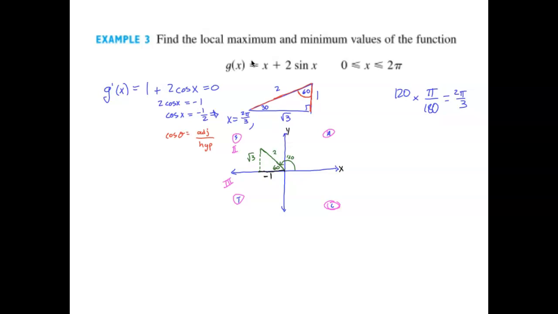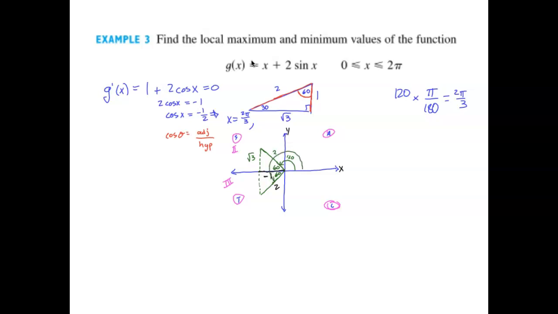I'm going to have one more in the third quadrant, so let's draw that one in. So now I have a triangle in the third quadrant. This reference angle is still 60, and I still get the -1/2. All right, so what's the true angle now? What's this angle?